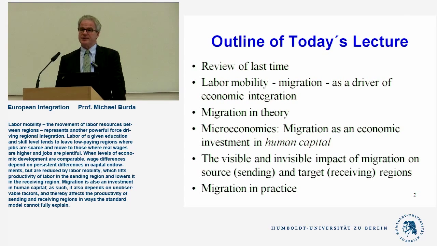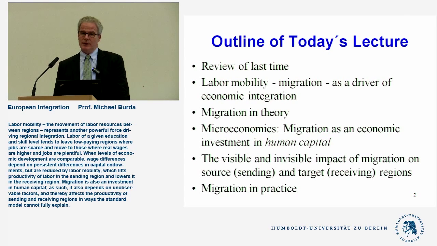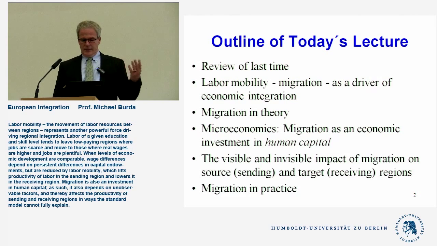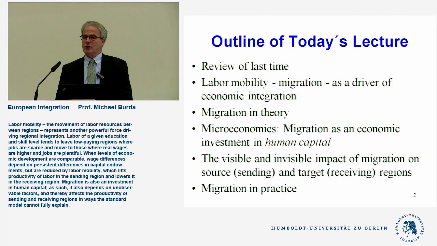This has effects on the sending region as well as the receiving region. So take the East German case. East Germany lost about 1 million workers between 1989 and 1995. Well, many of them went back, but this was a loss for Eastern Germany. A lot of talented human capital, a lot of young people who were highly motivated left the region, and that had a lasting effect on the region in the sense that they just weren't there anymore.